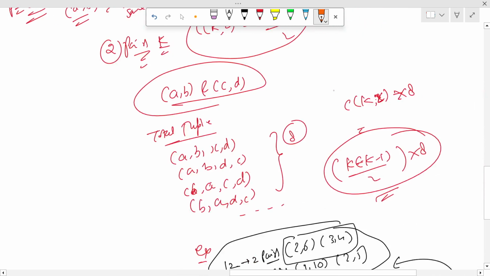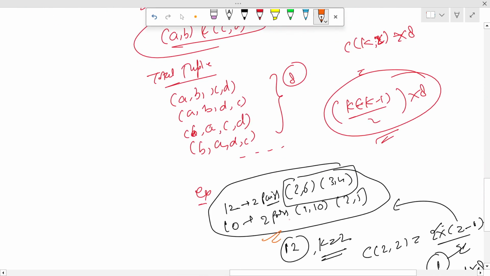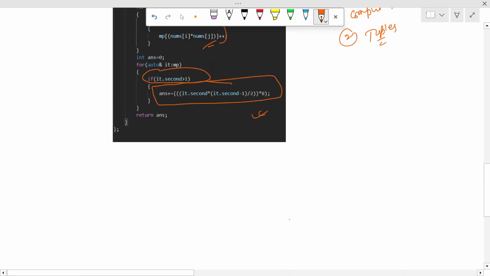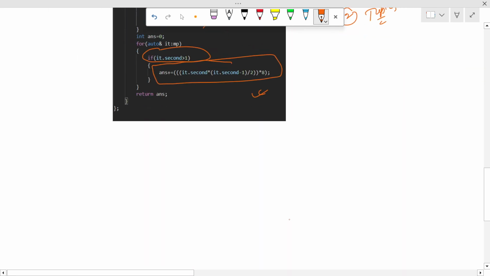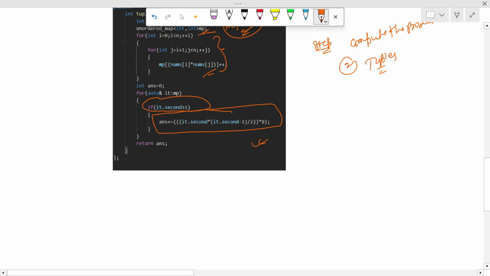We already discussed this one. So I hope you understand how actually we work with the formula and with the mapping solution, like how we iterate over all the values.